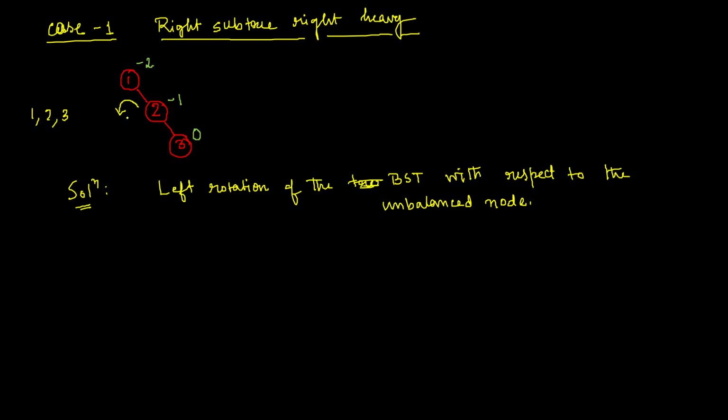So due to this left rotation, 2 will go upward, so 2 will become the root, and then 1 will come below it, and 3 will be as it is.